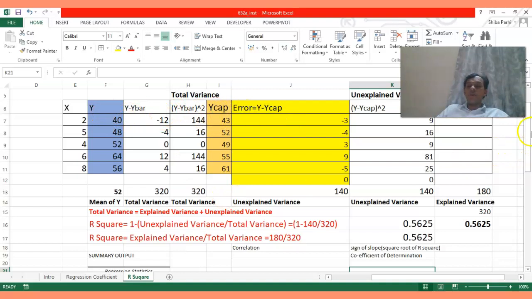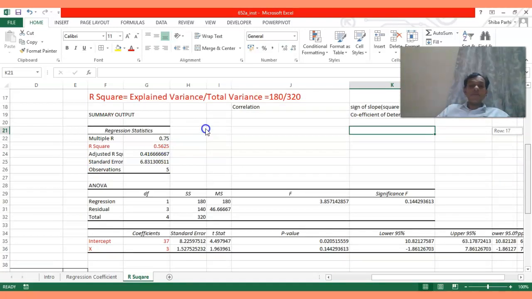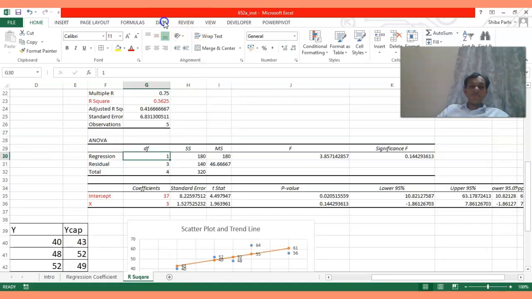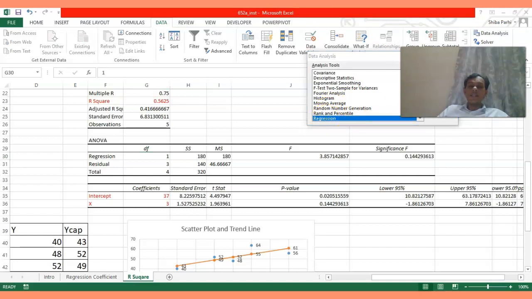And if you draw the graph of these two, I also calculated the r square value from the data using the formula, by going to Data Analysis and the Regression option.